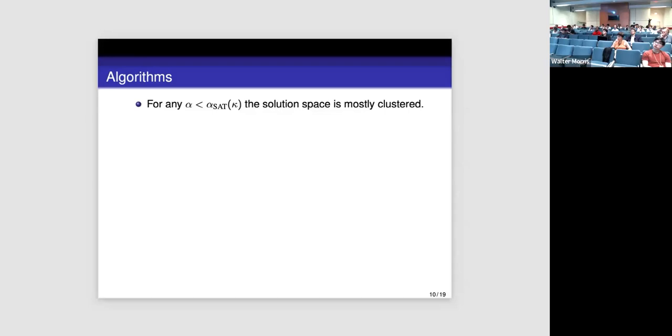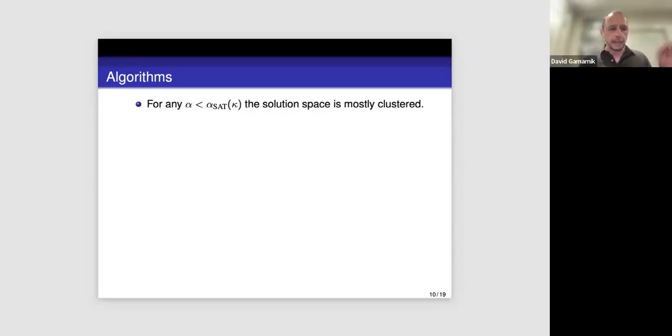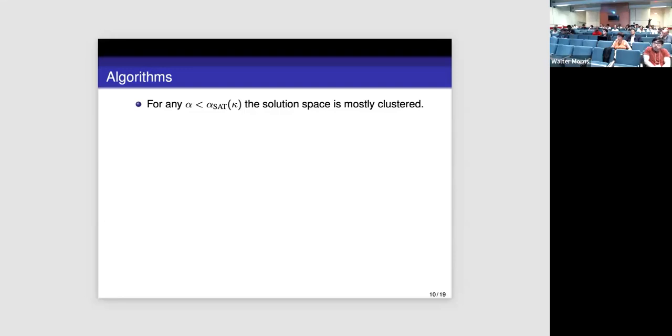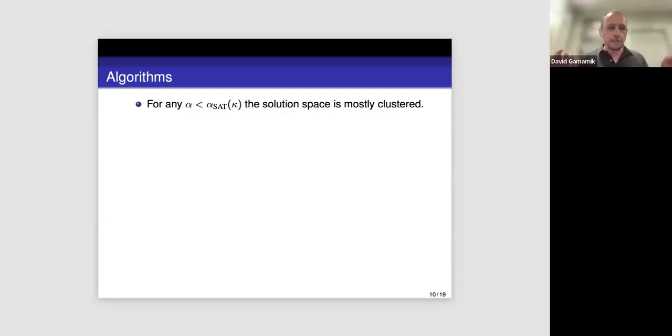So what does it mean? It means that all solutions are like needles in a haystack, separated by a linear in n distance. So they're really far from each other, and there are no neighborhoods of solutions. There's one solution in here, and another solution is there, and another solution is there, and most of the distances are linear. Why is it interesting? Okay, it's just a fact from the solution space geometry, something curious.